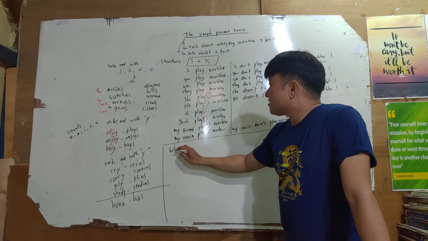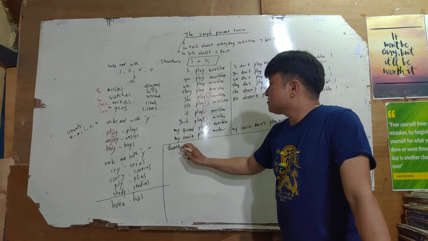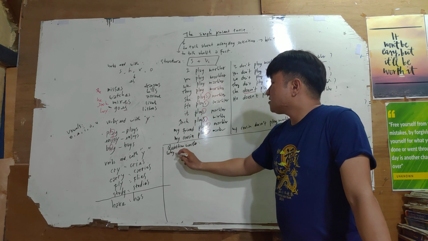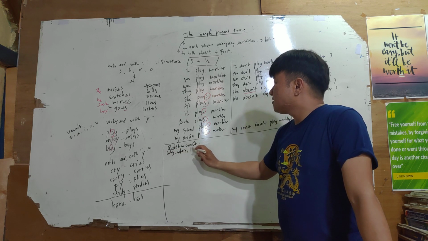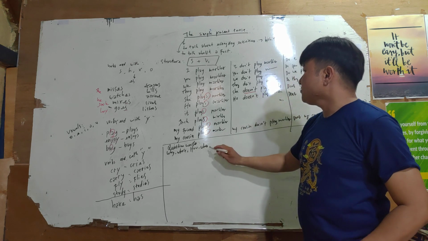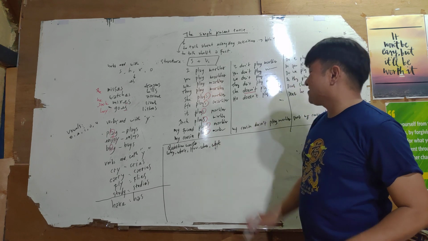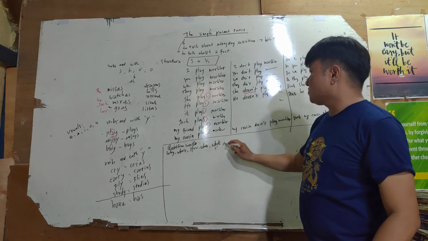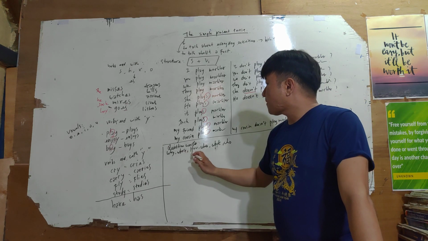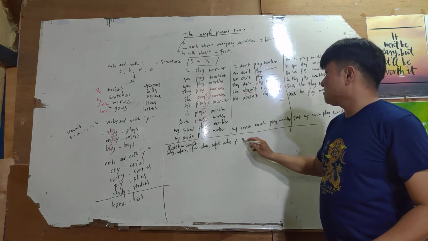So if you want to add a question word, like why, where, how, when, what, who, for these question words, we need to add do or does, the auxiliary.